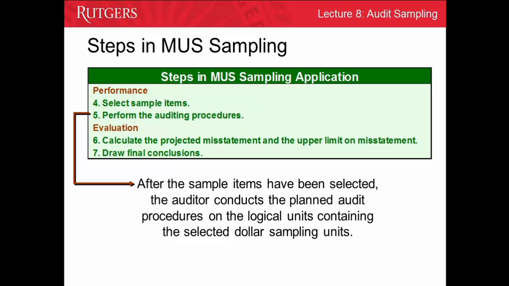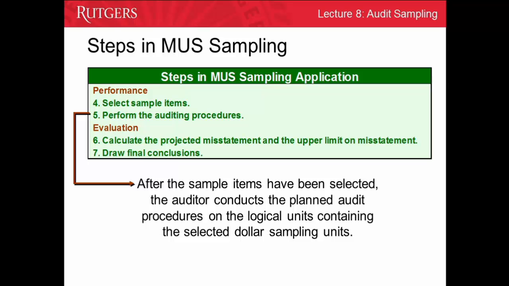This may occur, for example, because a supporting document is missing. Unless other evidence is available, such items should be considered misstatements. The auditor must also be careful to conduct the audit procedures so as to avoid non-sampling errors caused by carelessness, poor supervision, or mistaken judgment.